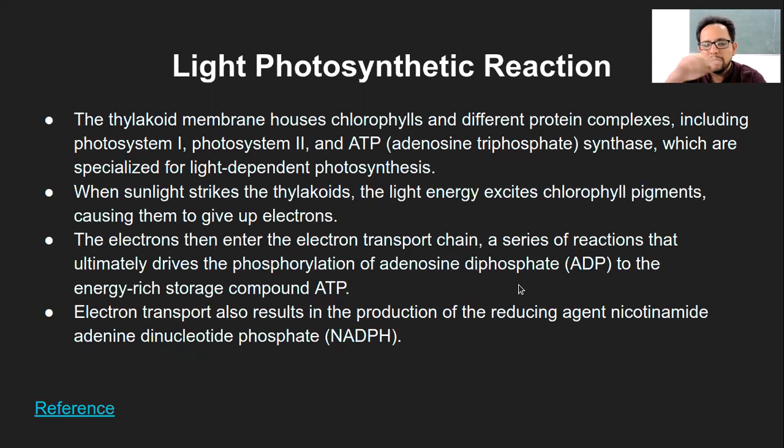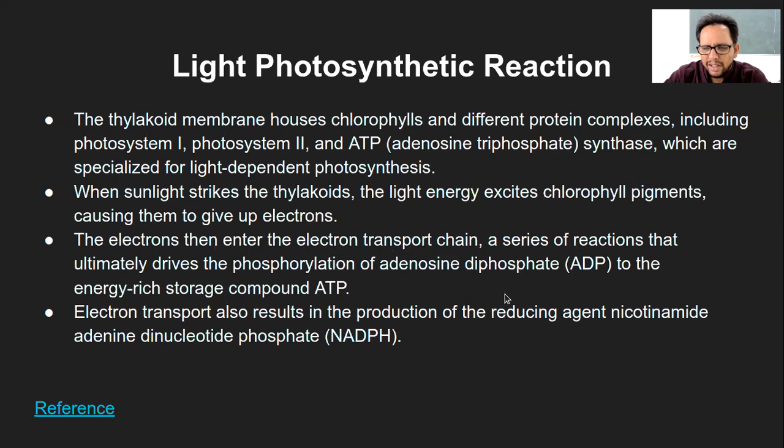So that conversion I showed you at the end, from ADP to the formation of ATP, is what happens at the end of the electron transport chain. So the electrons released by chlorophyll will enter into the electron transport chain.